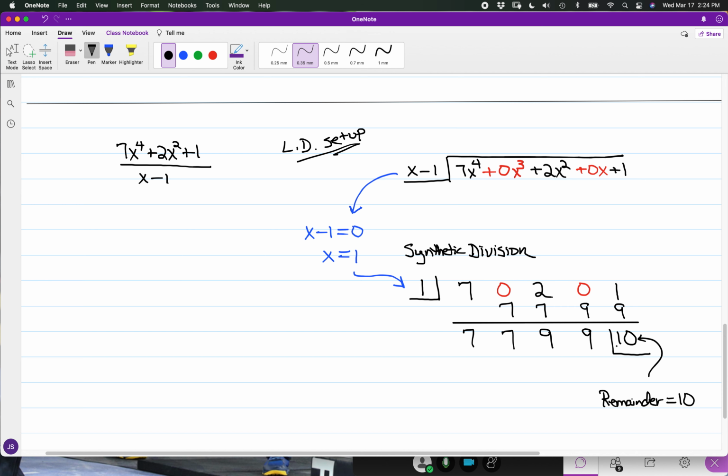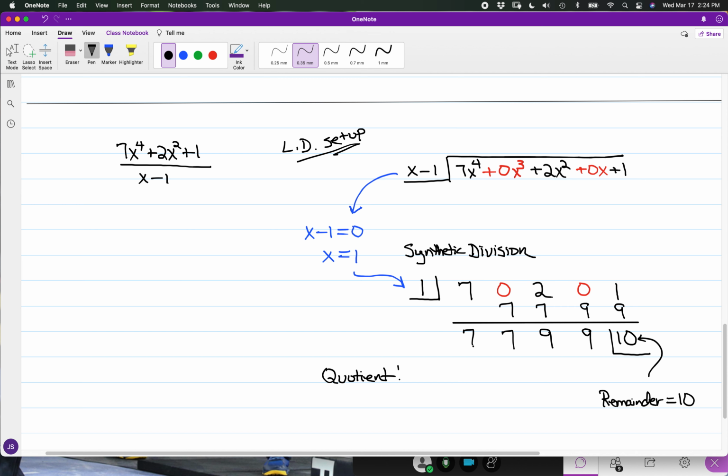Now, the numbers that come in front of the 10 are going to be the coefficients of the quotient. When 7 was at the top, this was in reference to 7x to the fourth.